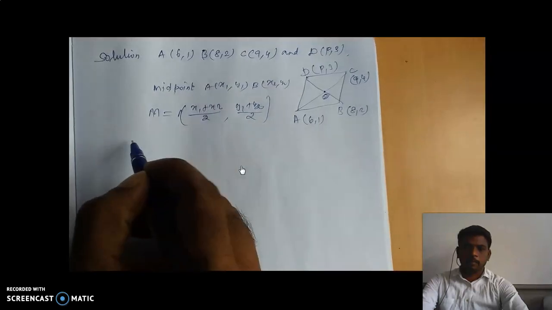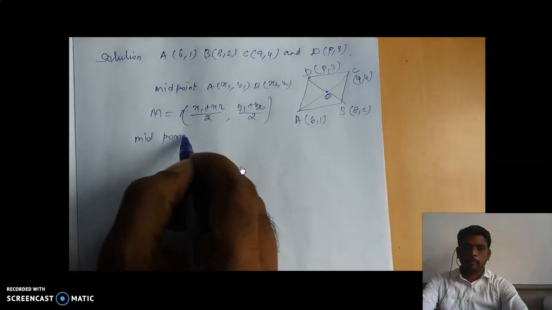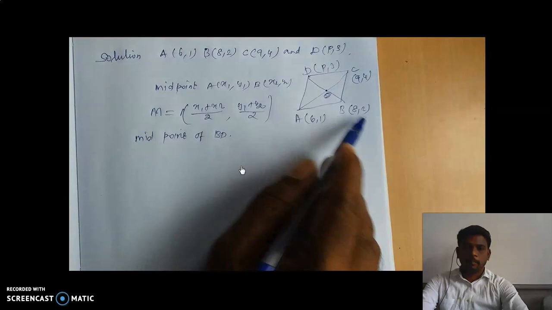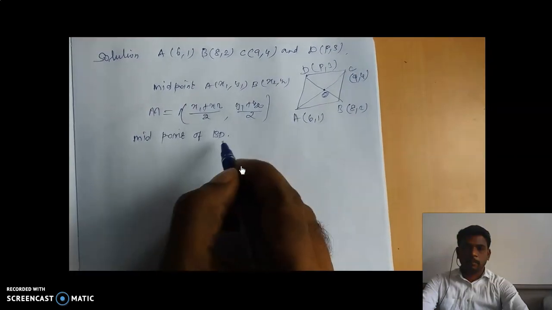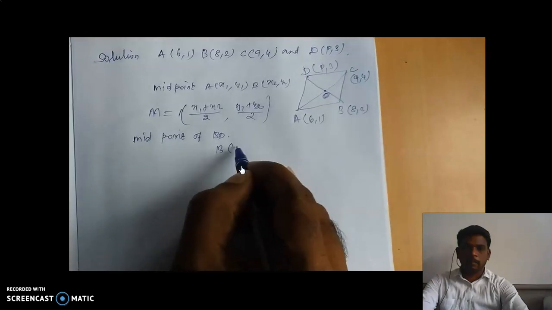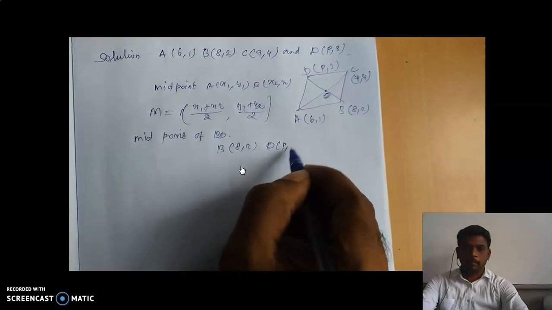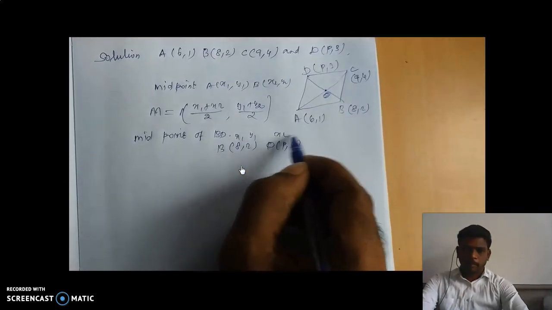Now what is the midpoint of the first diagonal? The midpoint of the diagonal BD. Now I am going to take this diagonal. What is the midpoint formula? And what is B value? So B is 8, 2 and D is P, 3. Now x1, y1, x2, y2.